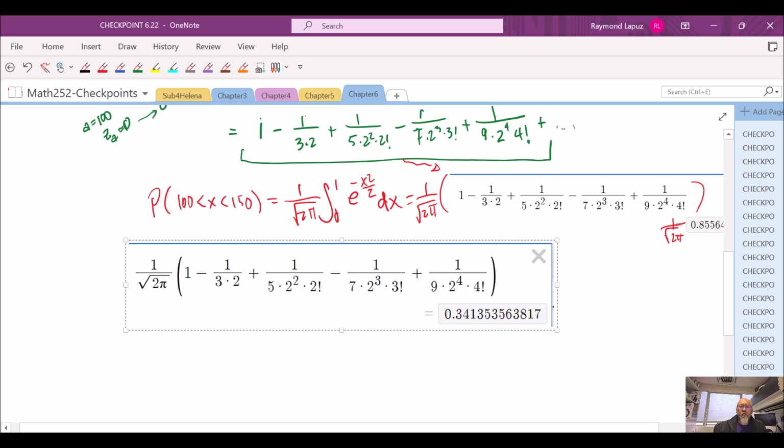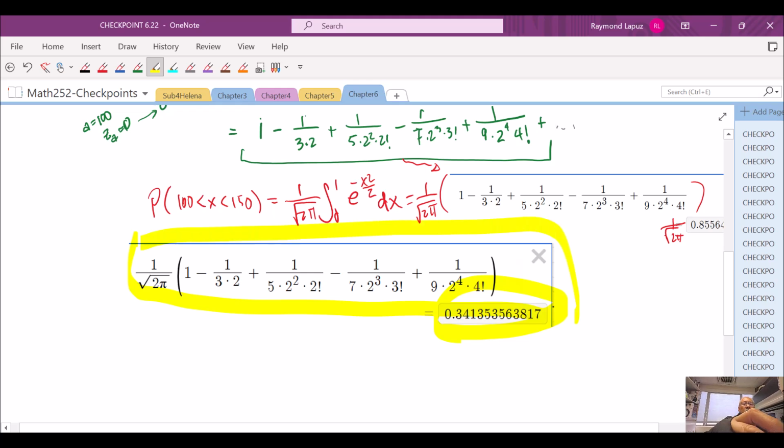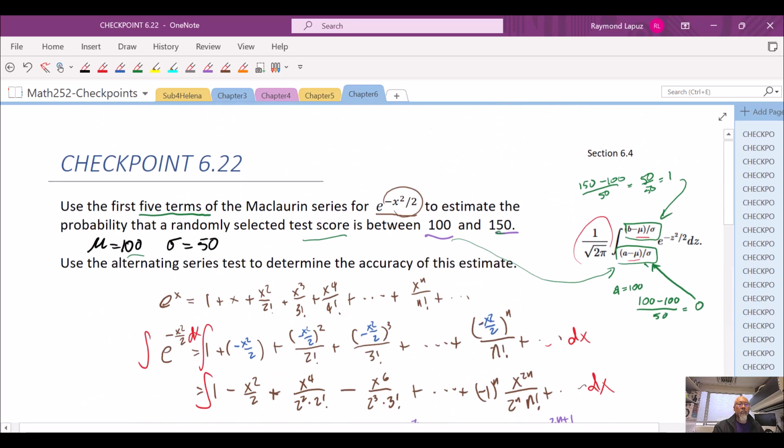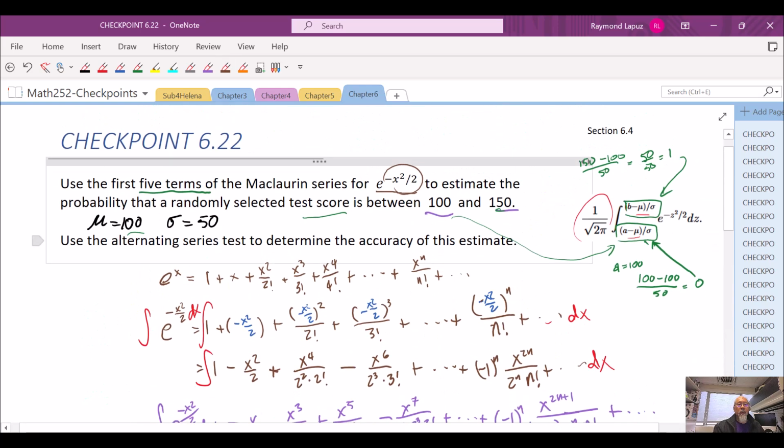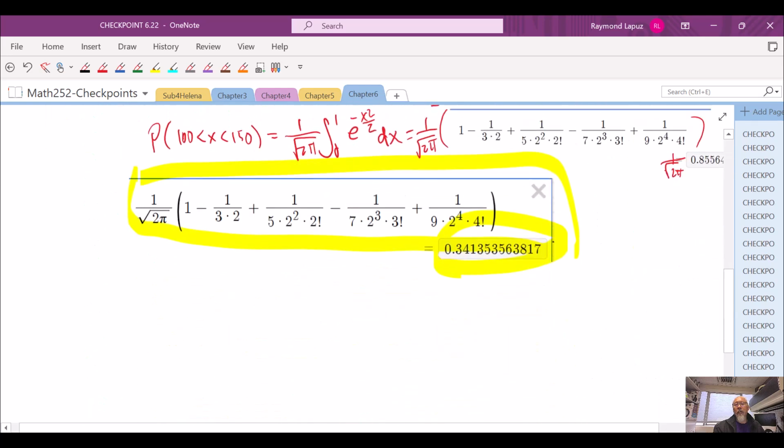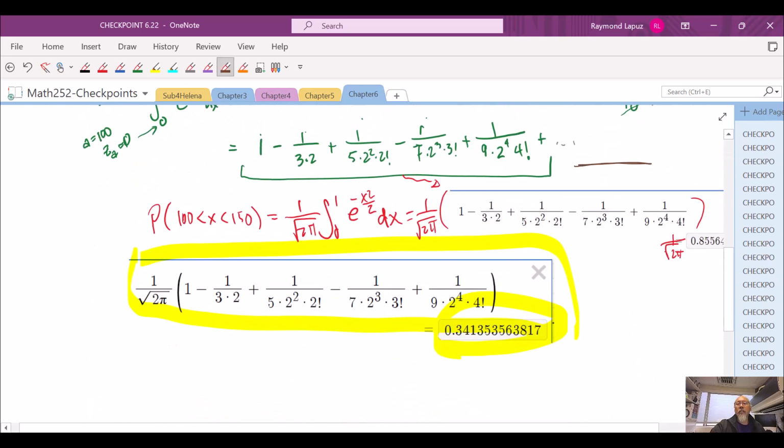The next idea that they want is how close this function is to the actual value. For that, let's box this up first. To answer our next question, which is to use the alternating series test to determine the accuracy of the estimate, what we need is the next term value.